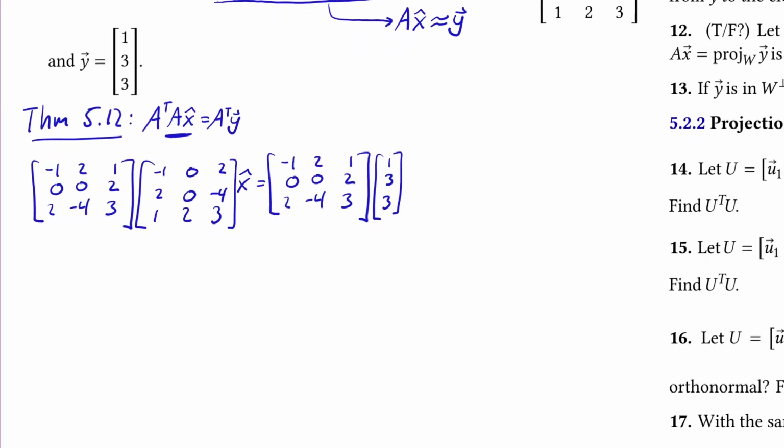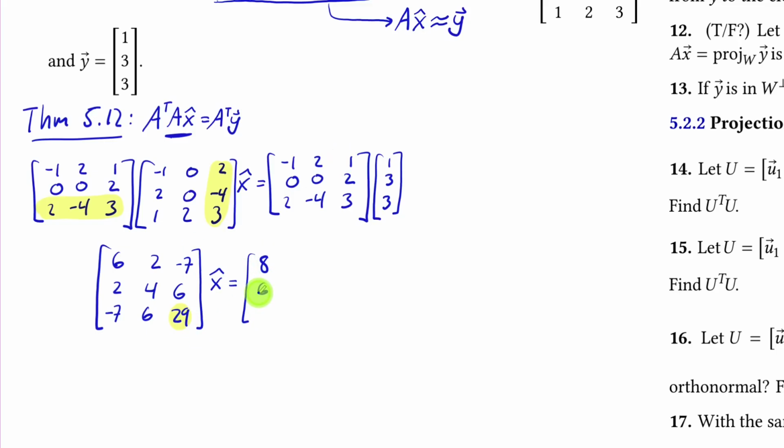All right, so we need to multiply all this out. We can use the row column rule for that. That's what I got for doing A transpose y.